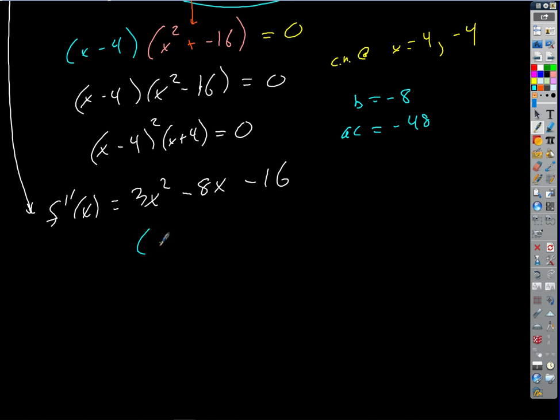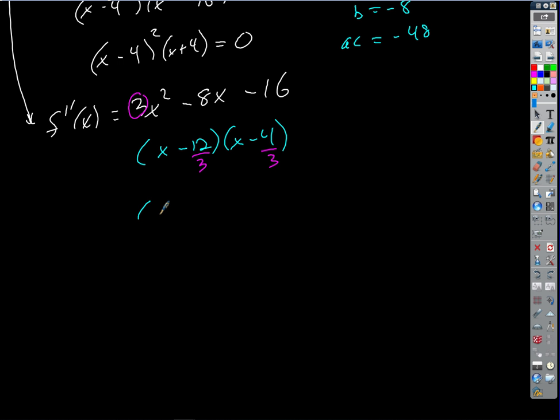So we're going to get x minus 12 times x minus 4, but then we got to divide each of those magic numbers by 3. We're going bottoms up, right? We're going to simplify. And then here we're left with a 4/3, so we'll go bottoms up, right?